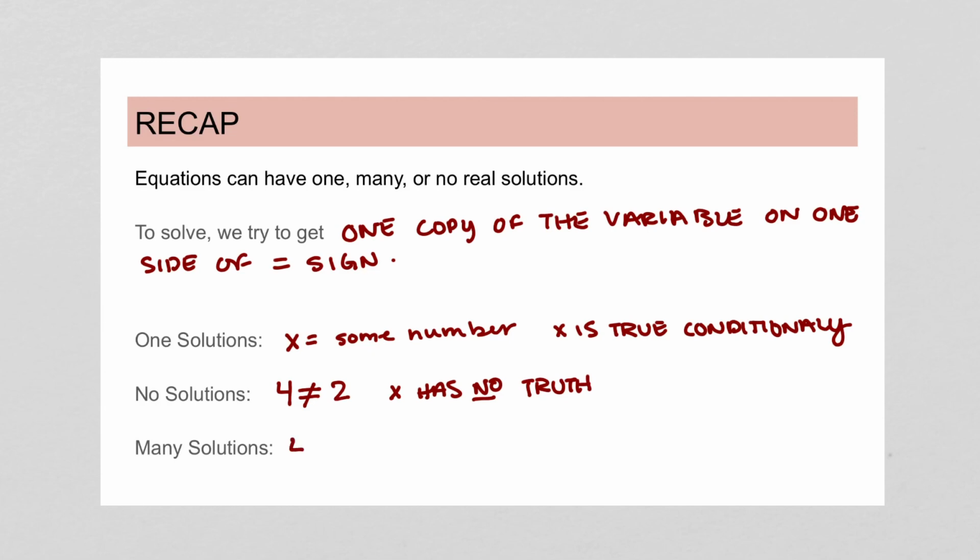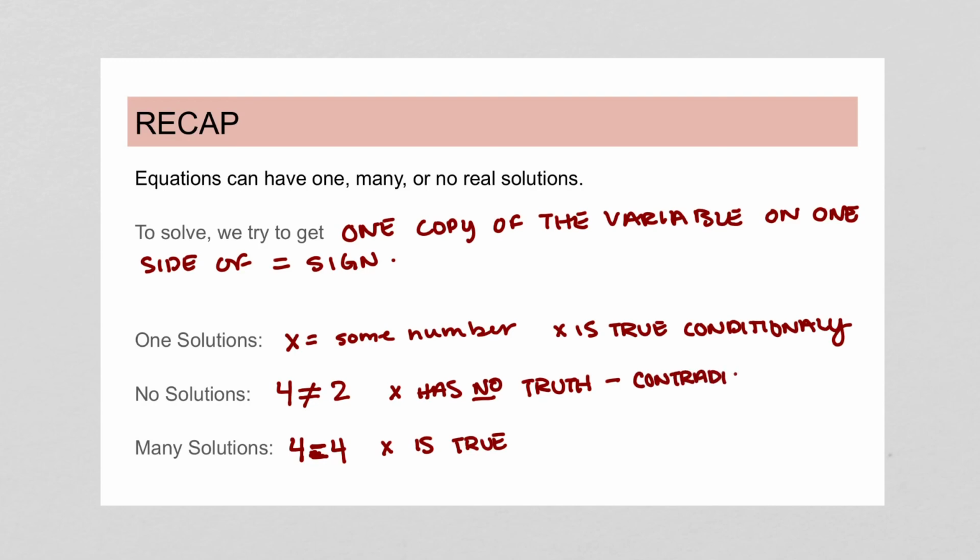But if it said 4 equals 4, well, that's always true. X is always true. It's true many times. So that's when we're going to have many solutions. And that looks like an identity, right? 4 does equal 4. And the other one here, this looks like it is a contradiction.